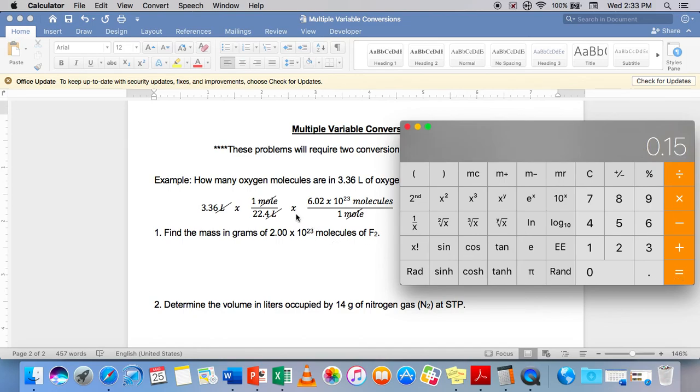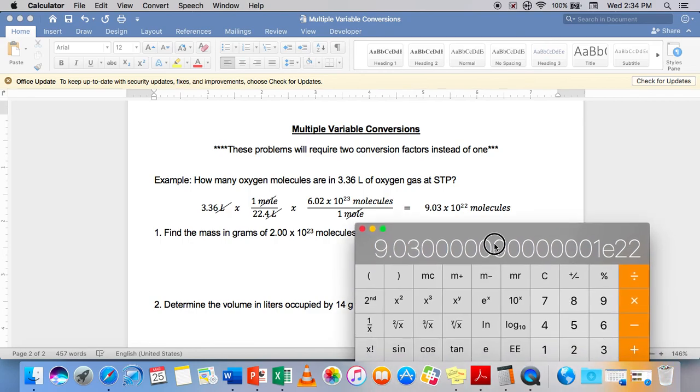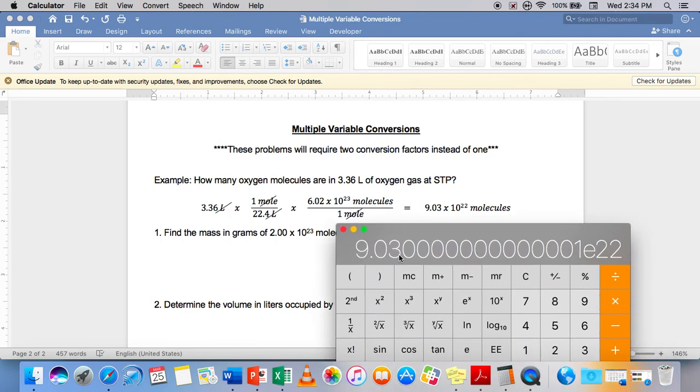But then I want to continue on. I want to multiply by 6.02. Now, times 10 to the 23rd, that's our EE, our exponential notation. That's how we get times 10, and I'm going to type in my exponent, 23. If I hit my equals button, I get 9.03 times 10 to the 22nd, E22.